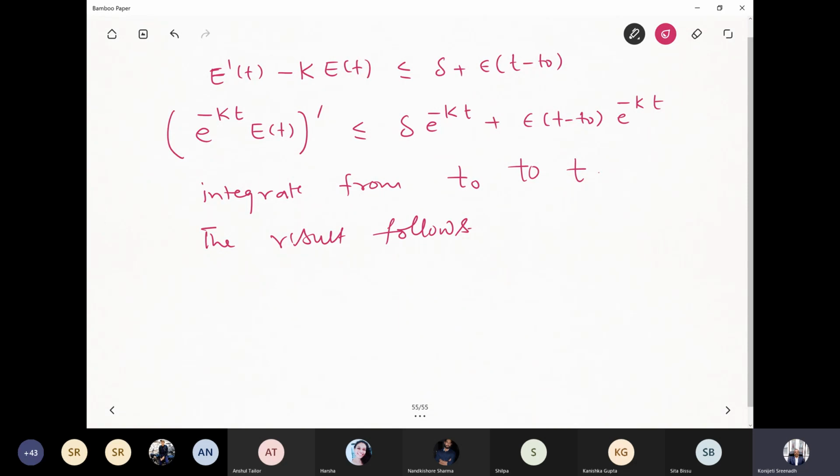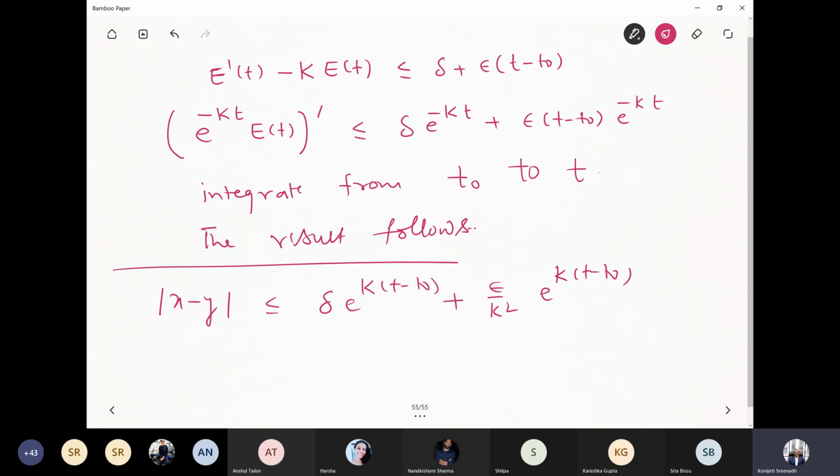Okay, so what we had earlier was, application of this, when you apply, you get mod x(t) minus y(t), mod x minus y is less than or equal to delta e power k into t minus t naught plus epsilon by k square into.